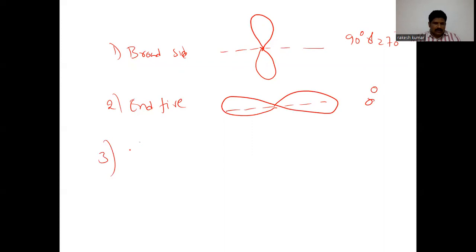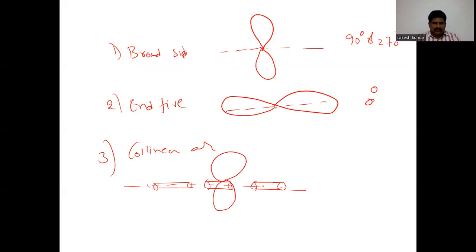The third one, collinear array. Collinear array means here you are placing the elements one after other. Here also the maximum radiation is perpendicular. This is the axis of array, and the maximum radiation is perpendicular.